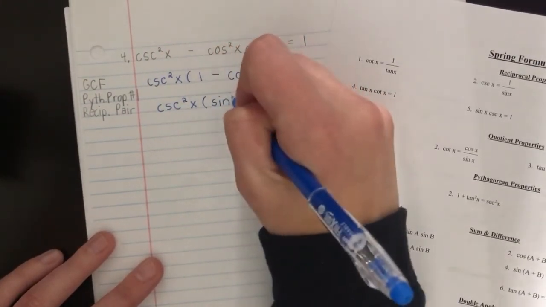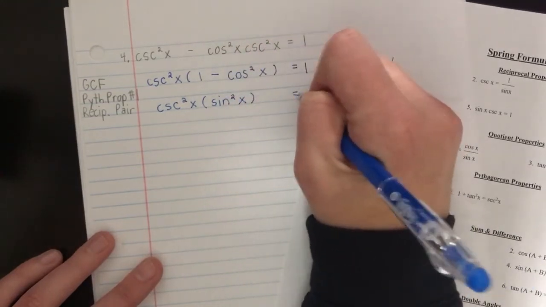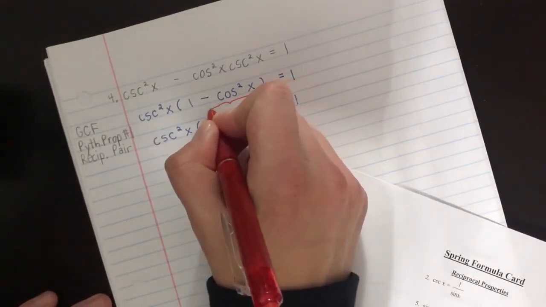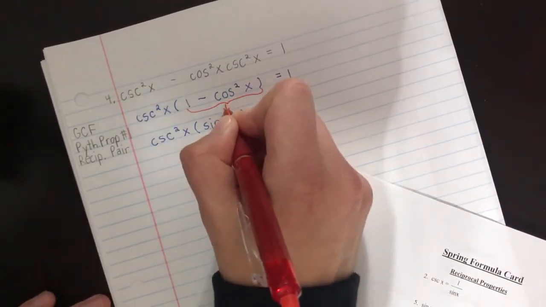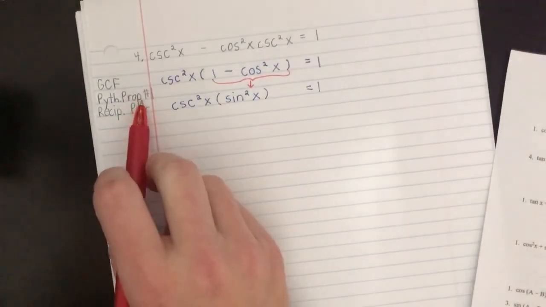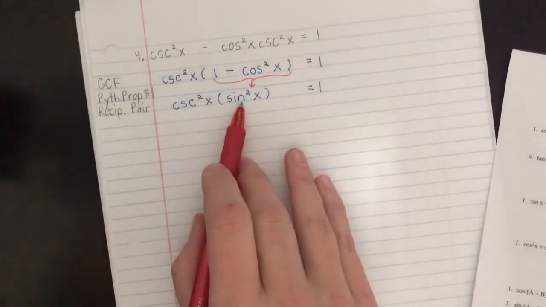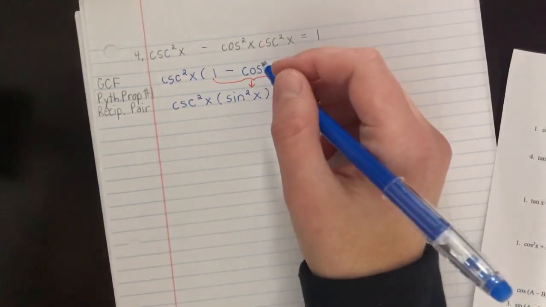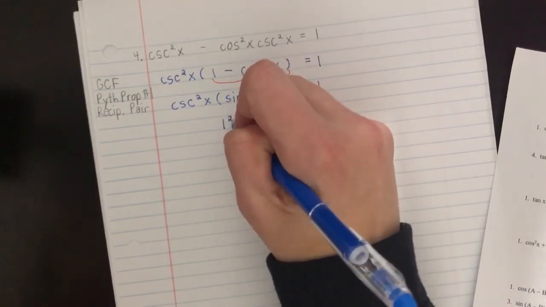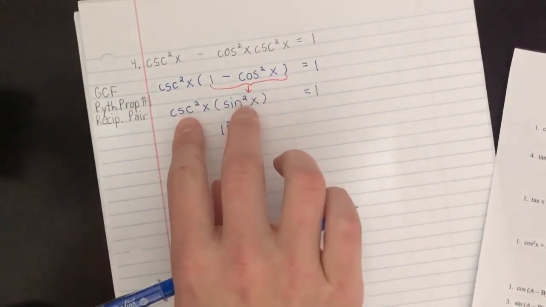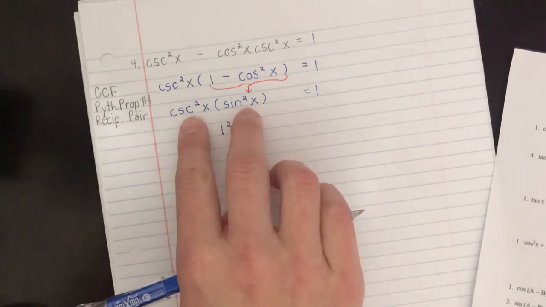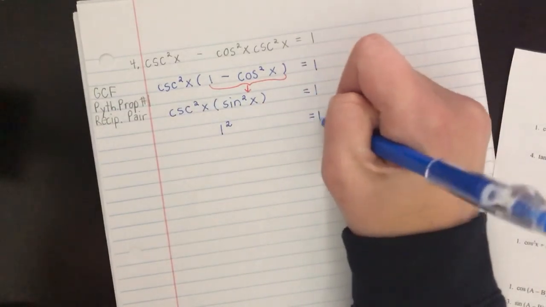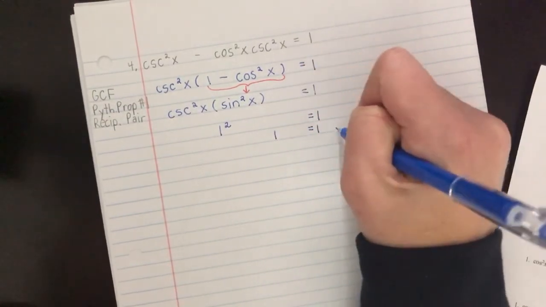So if this right here has become sine squared of x because of Pythagorean property number 1, think about cosecant and sine. What's their relationship? They're a reciprocal pair. So you really have here 1 squared because their relationship is that they're reciprocals. So that would be 1, and then of course it's squared. All right, but 1 squared is 1. So does 1 equal 1? Why, yes, it does.